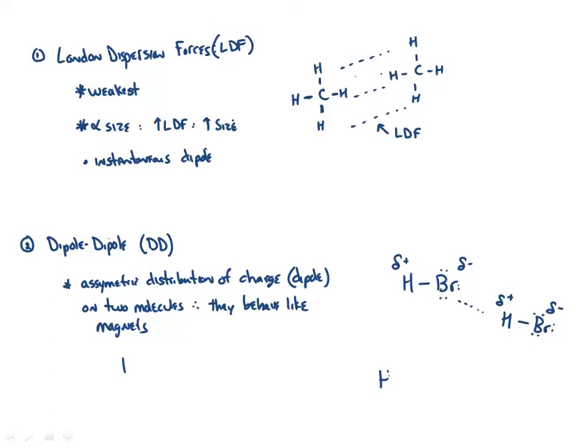Or the other way we tended to draw these was we said that if we make the size of the area around each atom kind of pretend that those are the electrons, then this is indicating an excess of negative, this is indicating an excess of positive, and that'll line up to another HBr molecule like this.